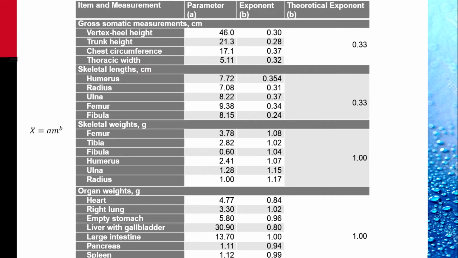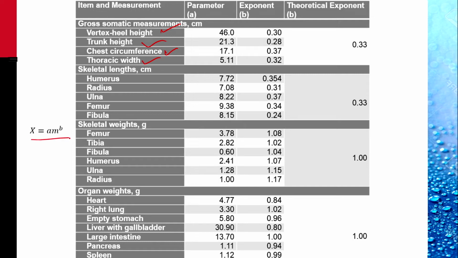And this is what he obtained. He measured a large number of individuals of 5 primate families and measured things like vertex to heel height, trunk height, chest circumference, thoracic width, all linear dimensions.